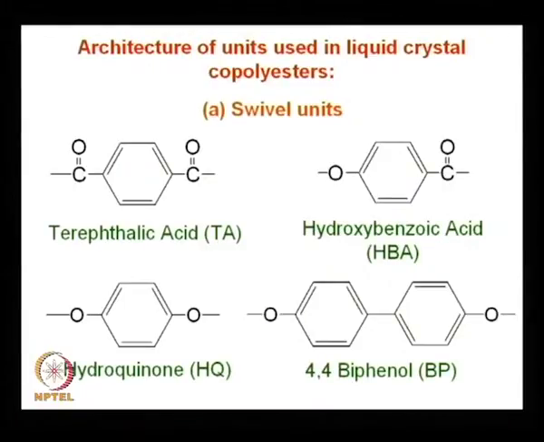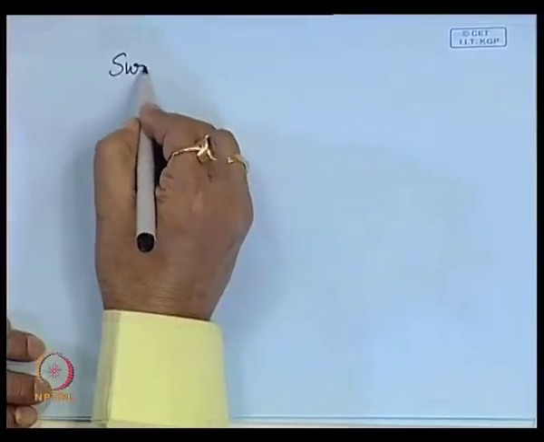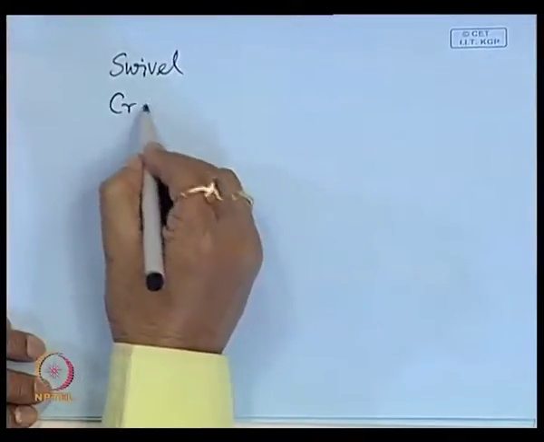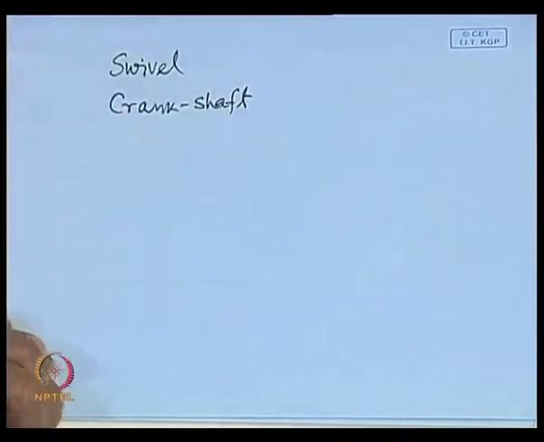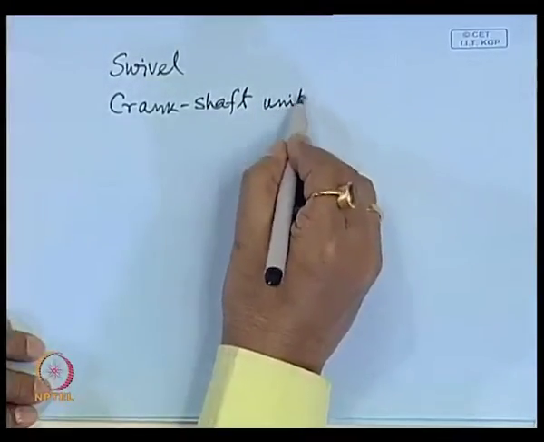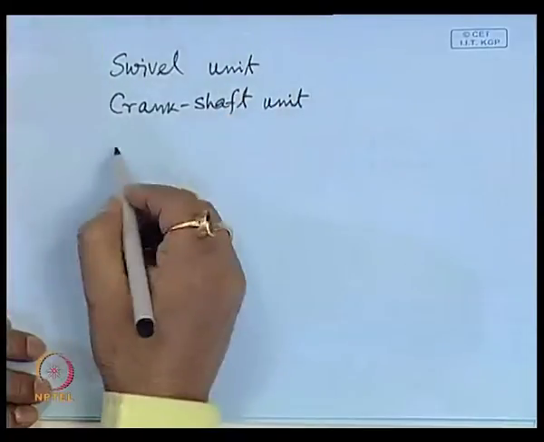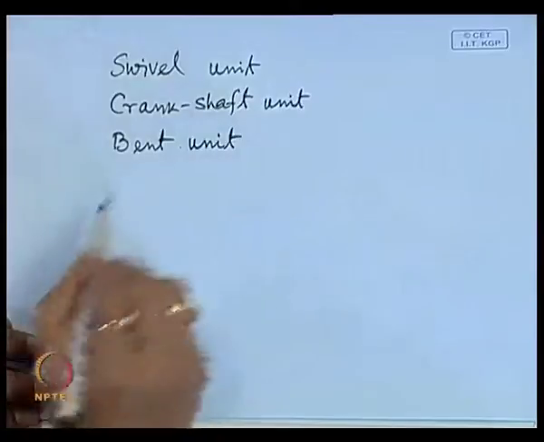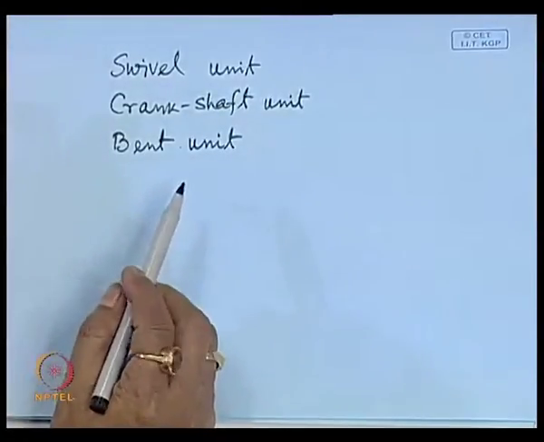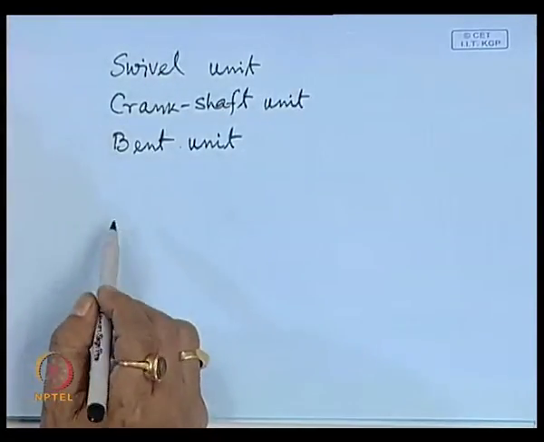So, there are swivel units, swivel crankshaft units, and bent units. These are all mechanical models. Swivel, crankshaft, bent, they are all mechanical models.